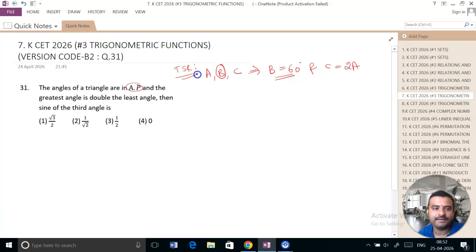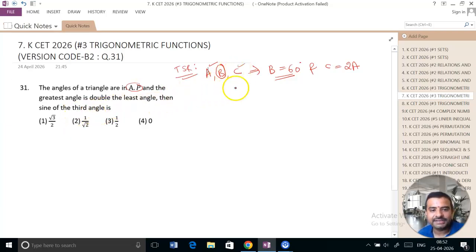If A, B, C are the angles of a triangle in AP, the middle angle is always 60 degrees, and the greatest angle C is equal to twice the least angle, that is 2A. And I already mentioned, in an AP problem of this type, the third angle usually refers to the middle angle.